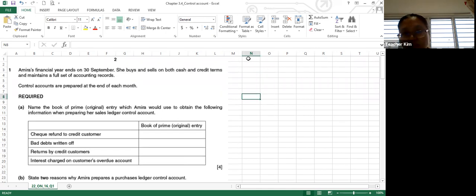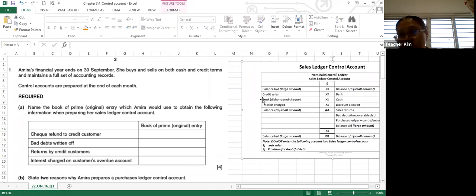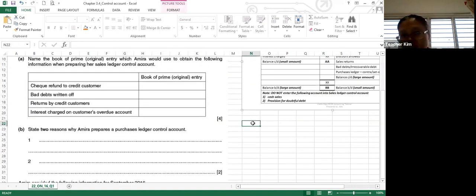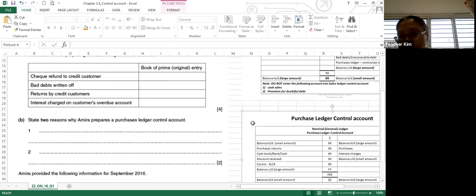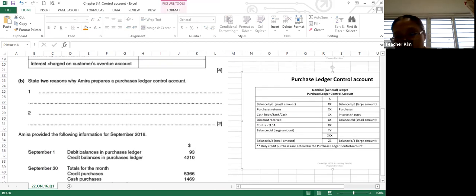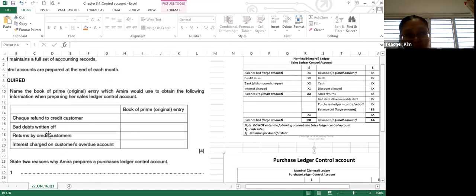For this topic, the two accounts that you must memorize: one is the sales ledger control account, another one is the purchases ledger control account. So these two accounts, you have to know the position first before we talk about this one.